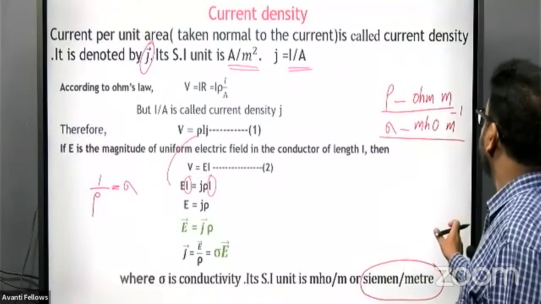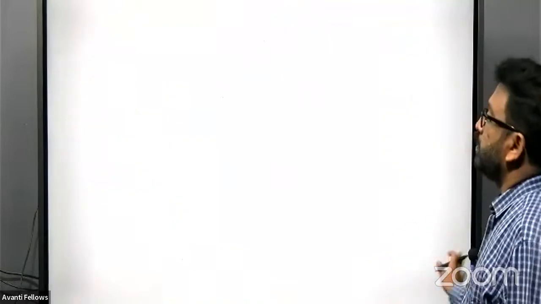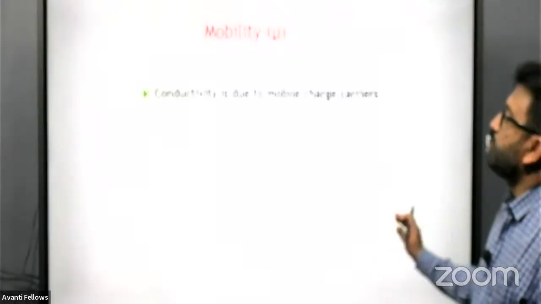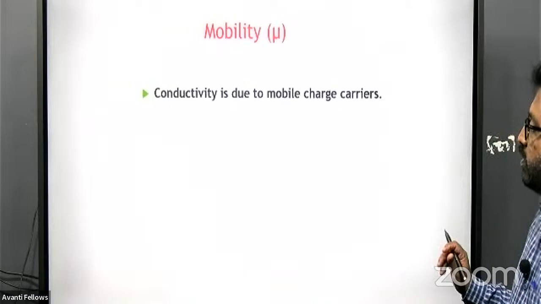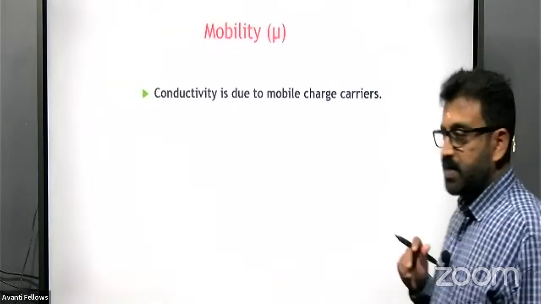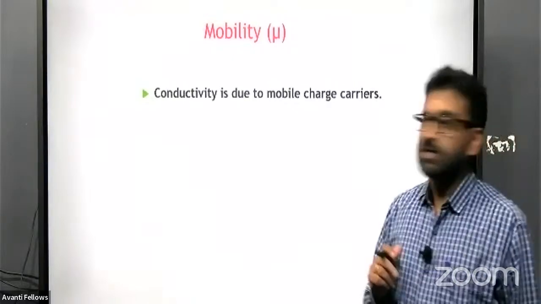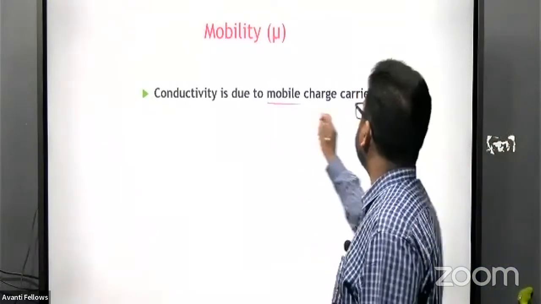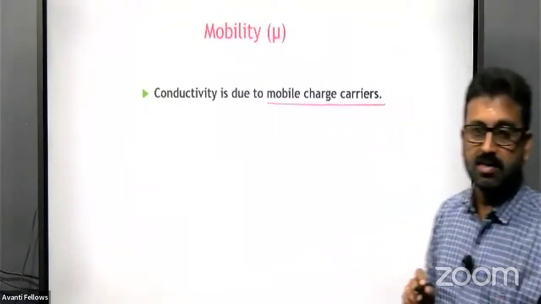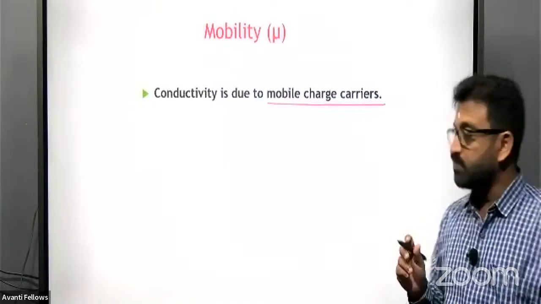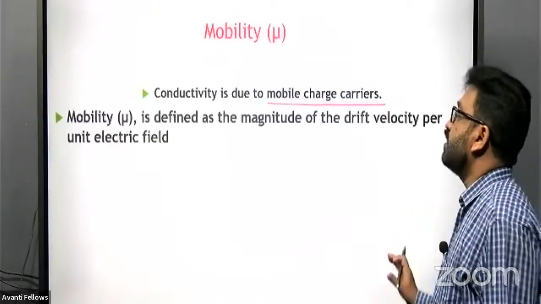Okay, we'll move on. Now next is the mobility. See, what is the reason for the conductivity of a conductor? It is because of the mobile charge carriers. The charges are moving in a conductor, and it is because of that only we get conductivity.